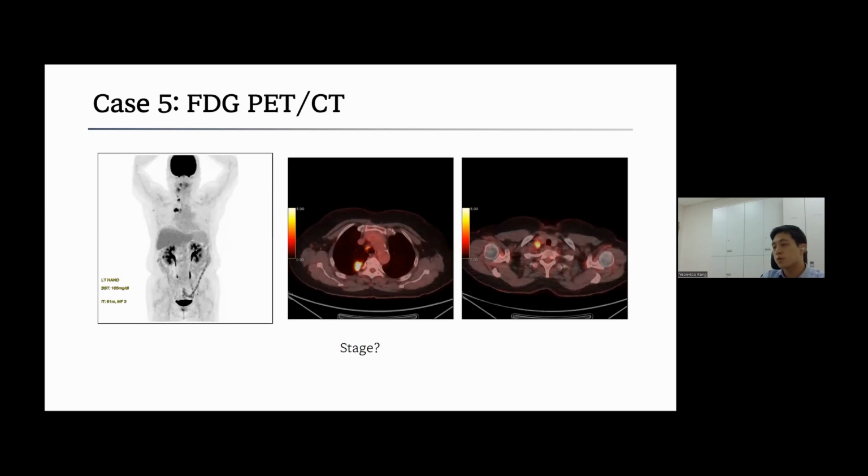The primary tumor was a 1.8 centimeter size hypermetabolic nodule located in the right upper posterior segment.